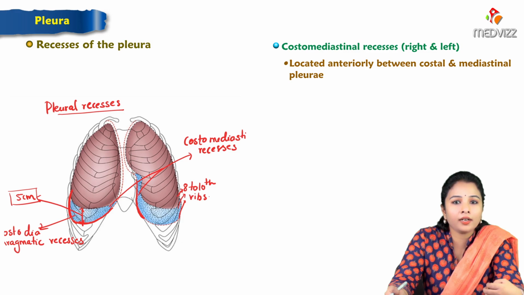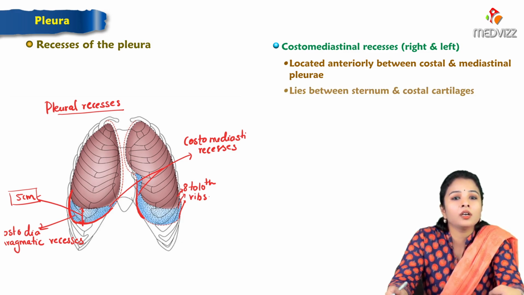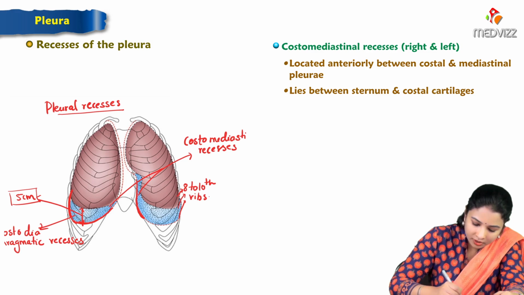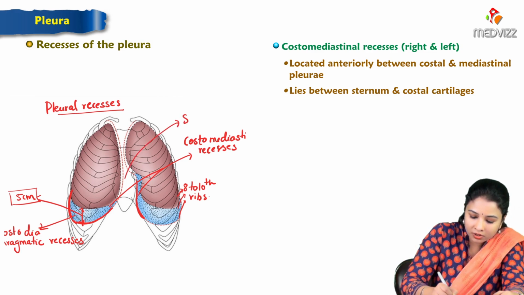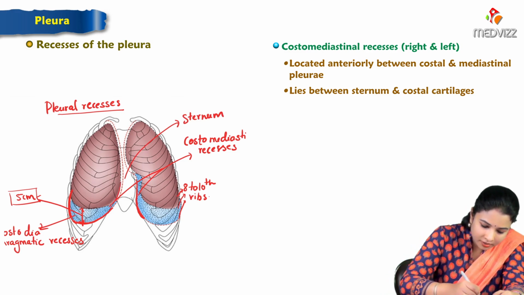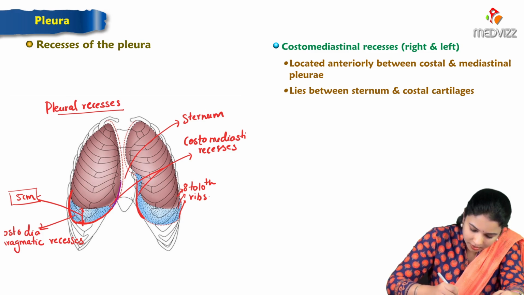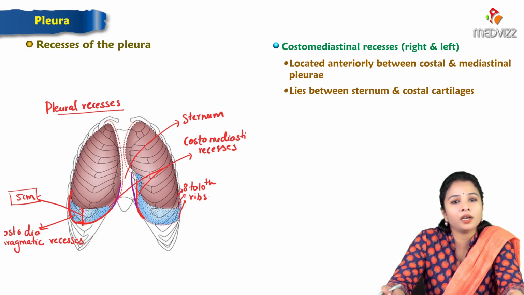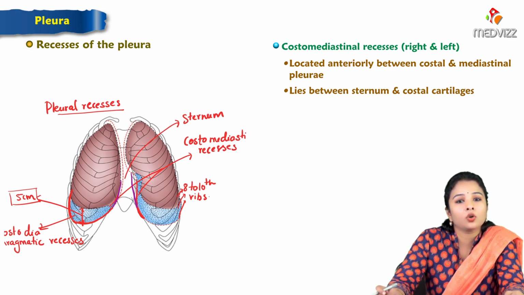It is located anteriorly between the costal and the mediastinal pleura and lies between the sternum and the costal cartilages. The center breastbone is the sternum, and the margin is formed by the costal cartilages. So it is between the sternum and the costal cartilages.